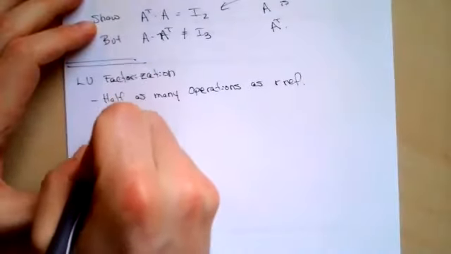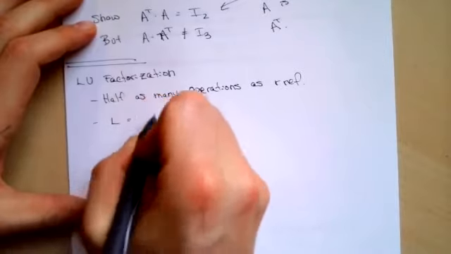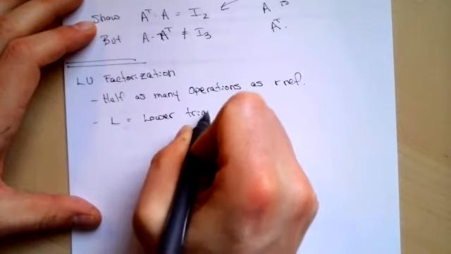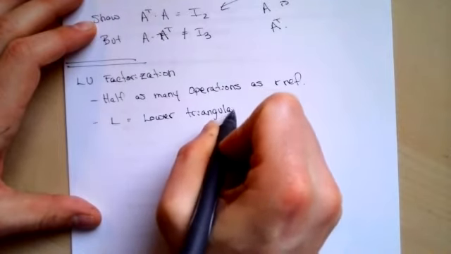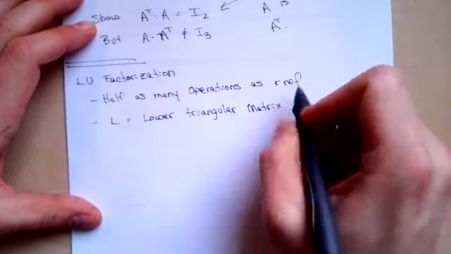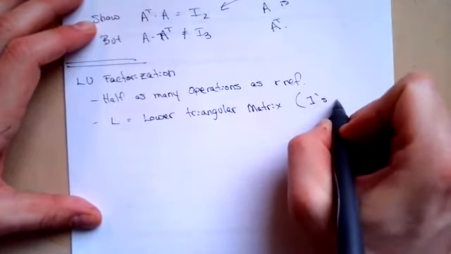The L stands for a lower triangular matrix. It's going to have ones on the diagonal.